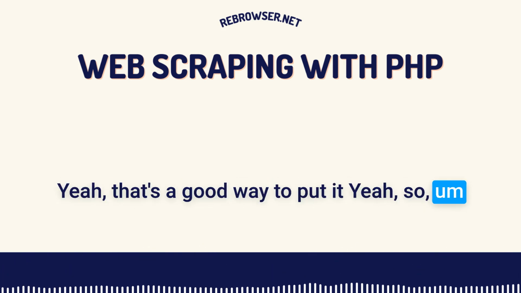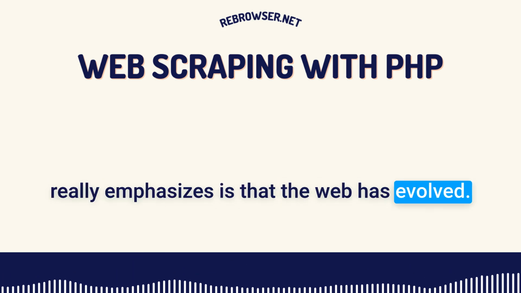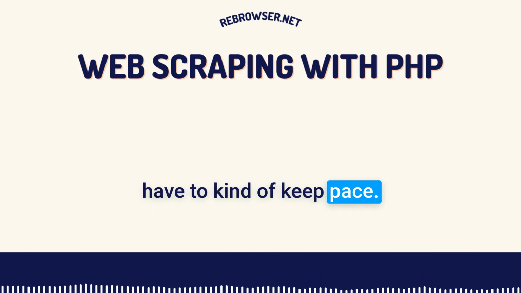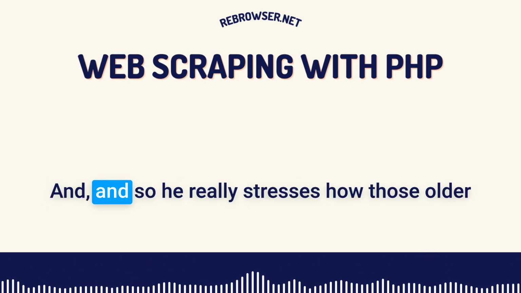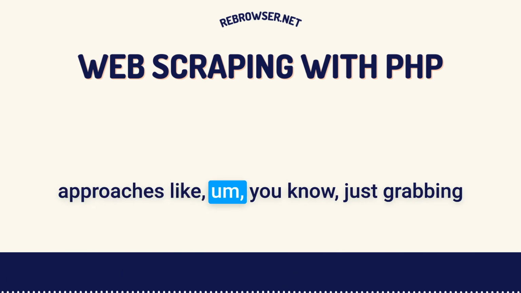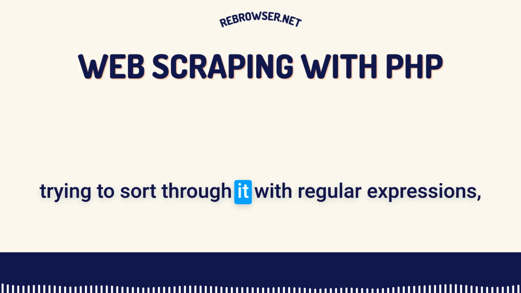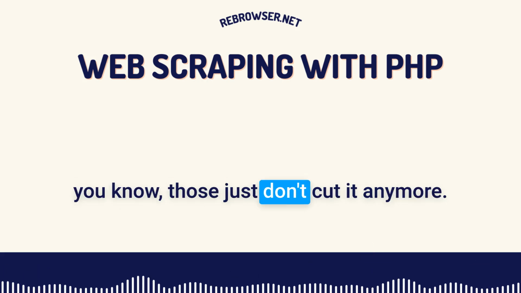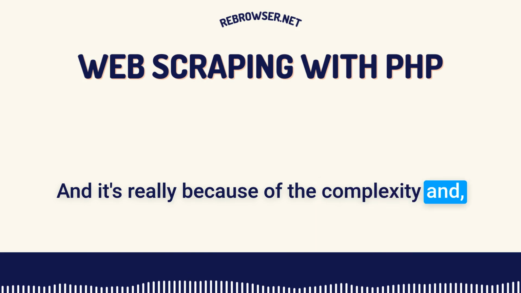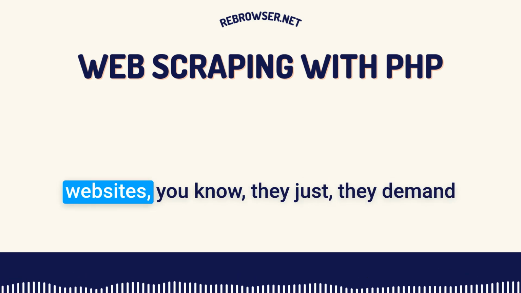One thing the article really emphasizes is that the web has evolved, and our scraping methods have to keep pace. He stresses that older approaches, like just grabbing a page with file_get_contents and then trying to sort through it with regular expressions, just don't cut it anymore, because of the complexity and dynamism of today's websites.